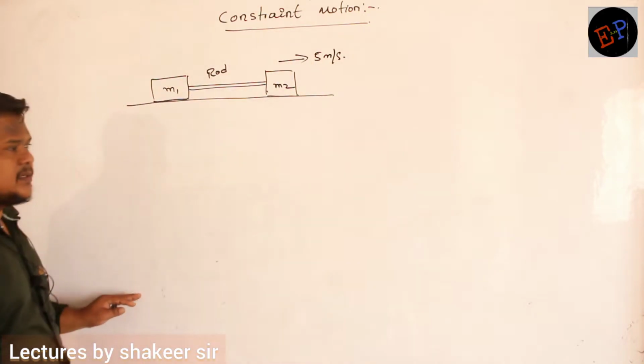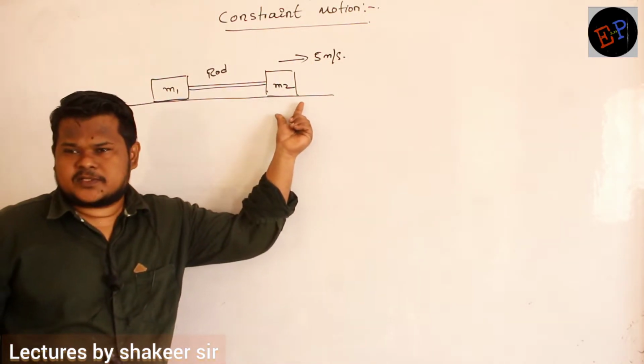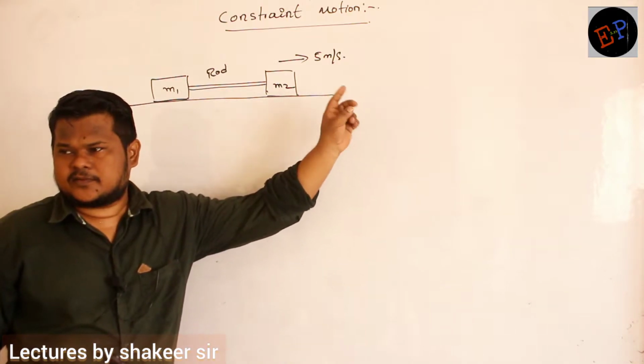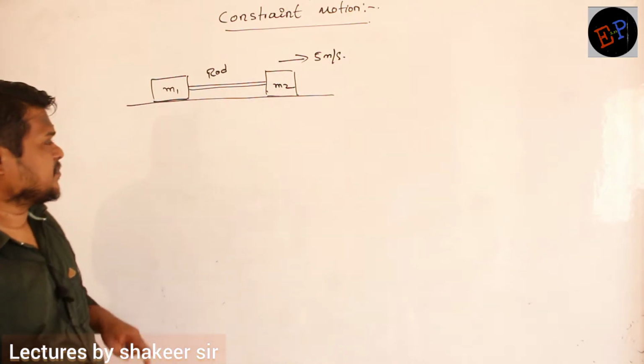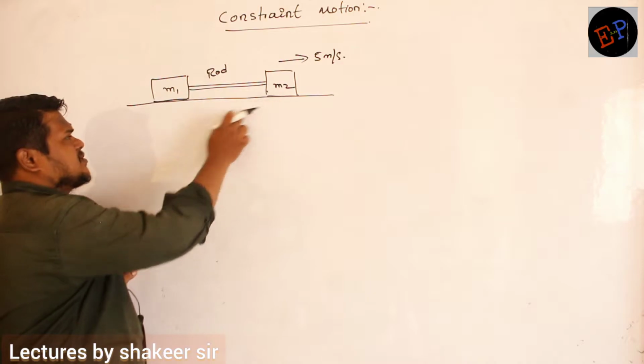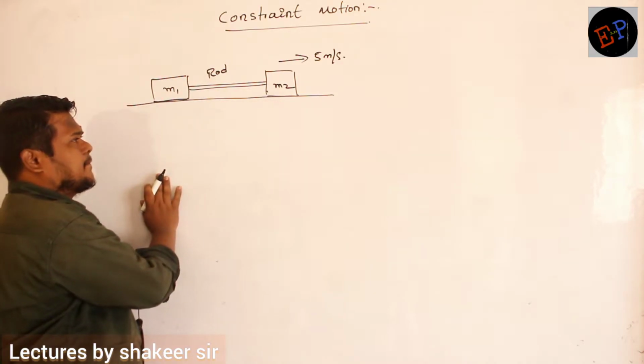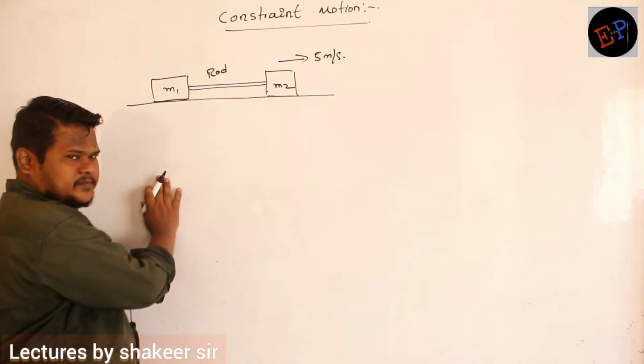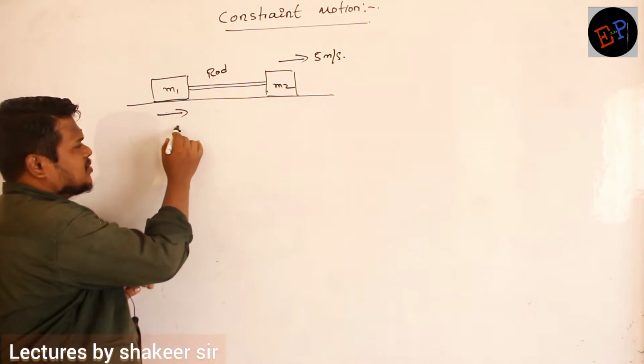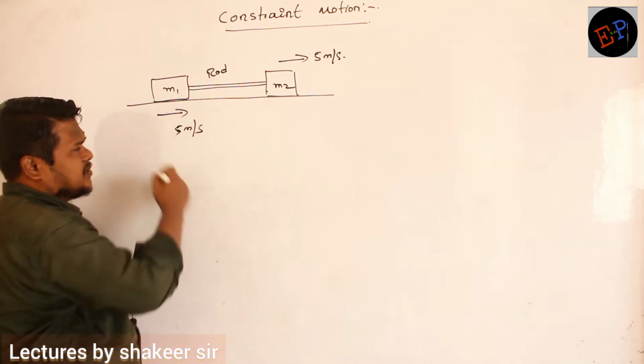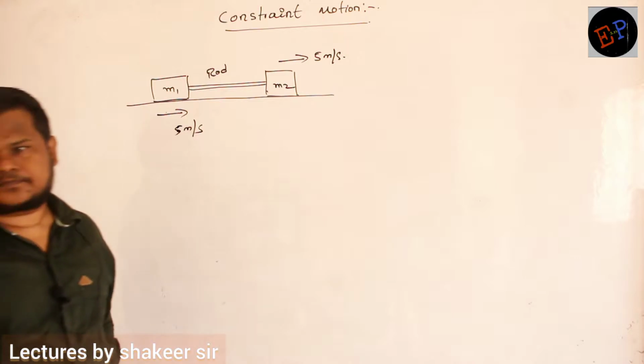Now, can you say what is the velocity of mass m1? 5 meters per second only. How can you say?